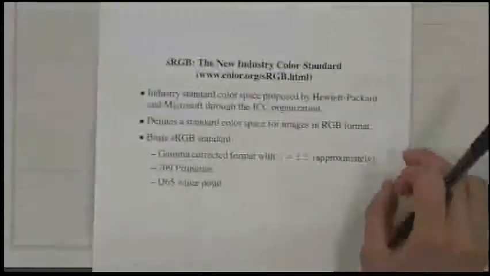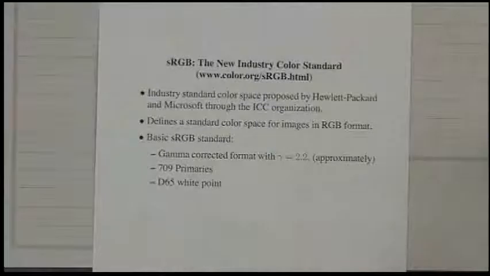One thing you might want to add is that prior to 1998, because this was around 1998, you'd buy a monitor, and some monitors would have a 9500 Kelvin white point, some would have 6000 Kelvin, some would have 5000 Kelvin.